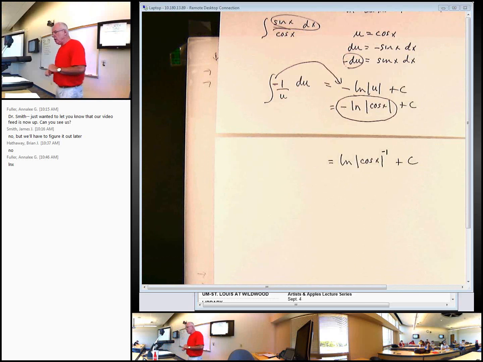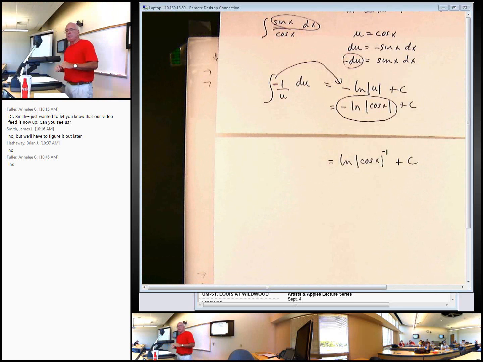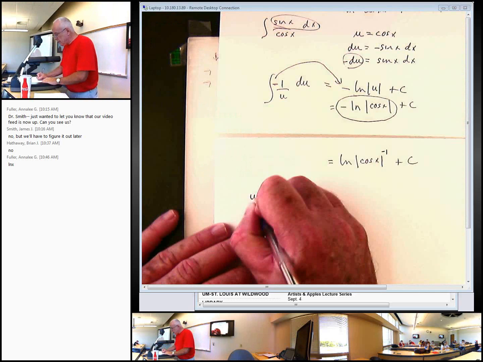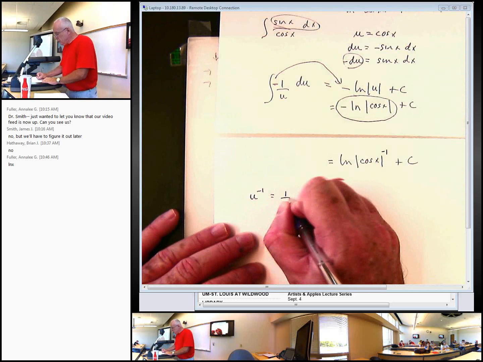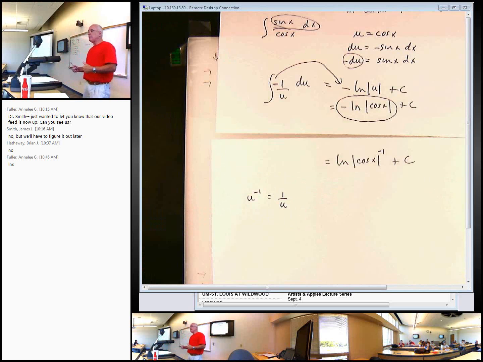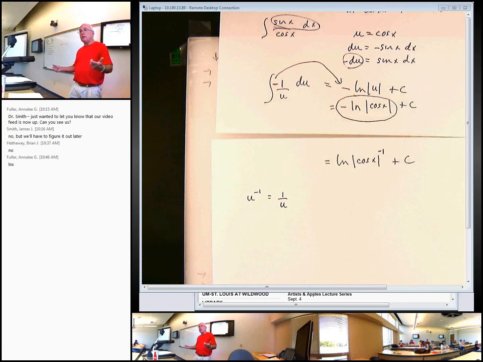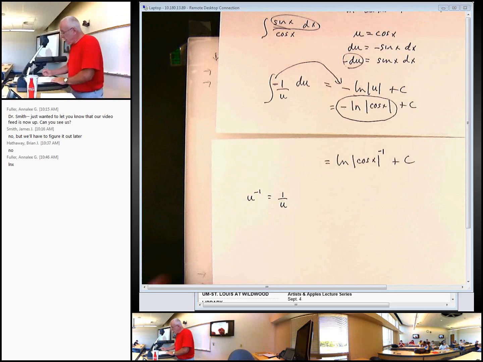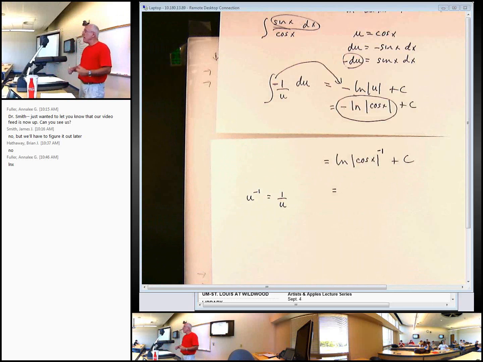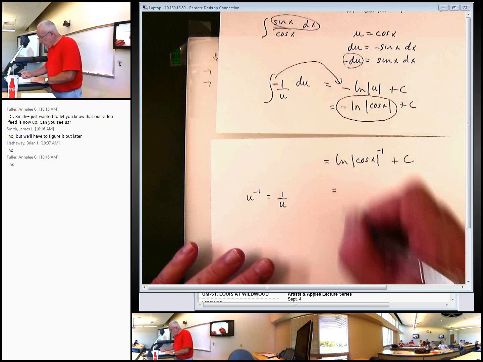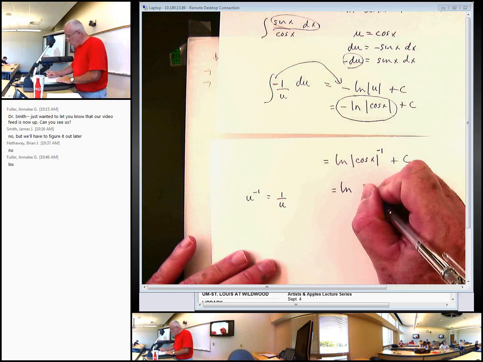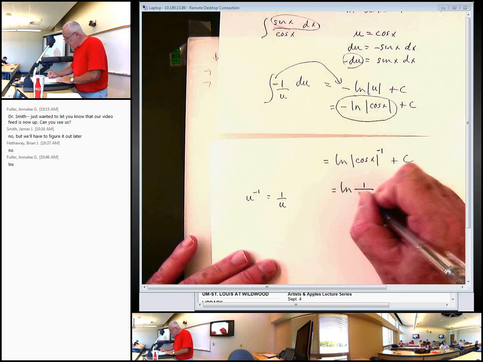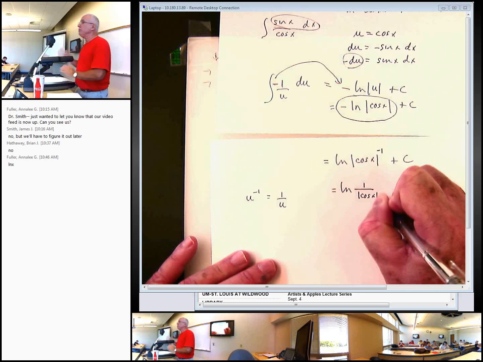Now, let's look at this absolute value of cosine of x to the -1 power. Well, anything to the -1 power is equal to 1 over that something. You can put it down in the denominator to the first power. So this absolute value cosine of x to the -1 power, I could write that then as 1 over the absolute value of cosine of x.